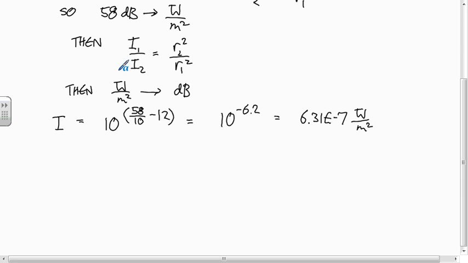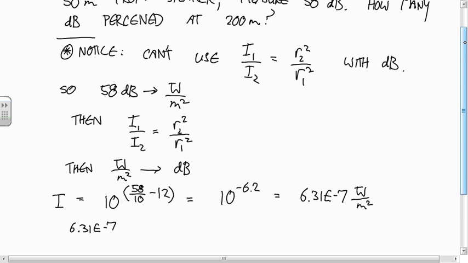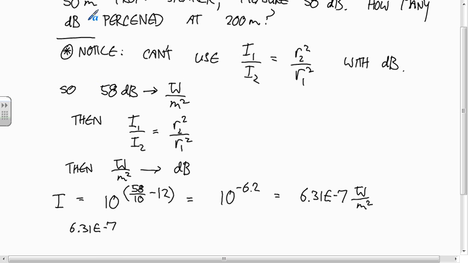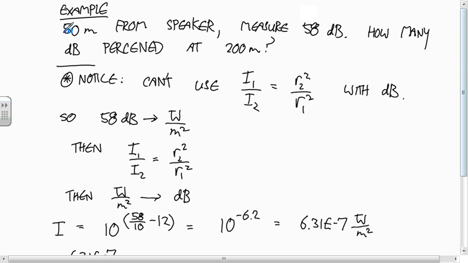And now we can plug that into this relationship between intensity and distance. So 6.31 times 10 to the minus 7. Let me just point out what I'm doing here. I'm calling this 50 meters when it's at 58 decibels my location 1, and this I'm calling location 2.